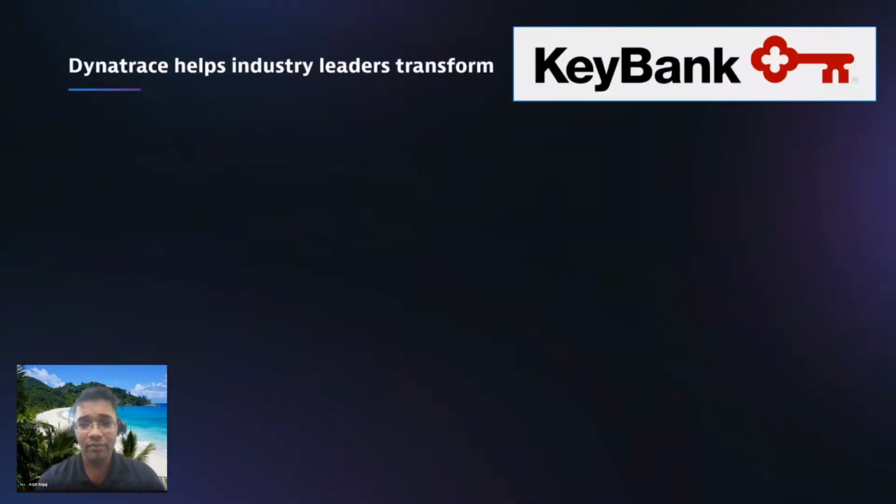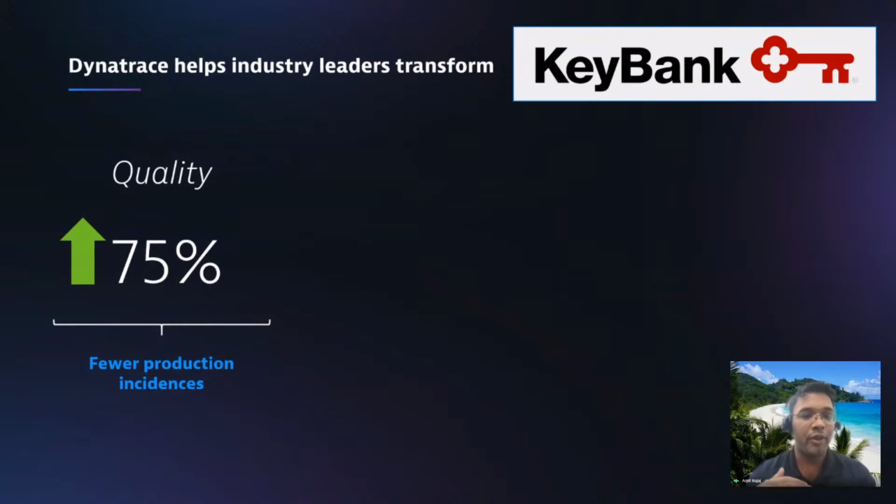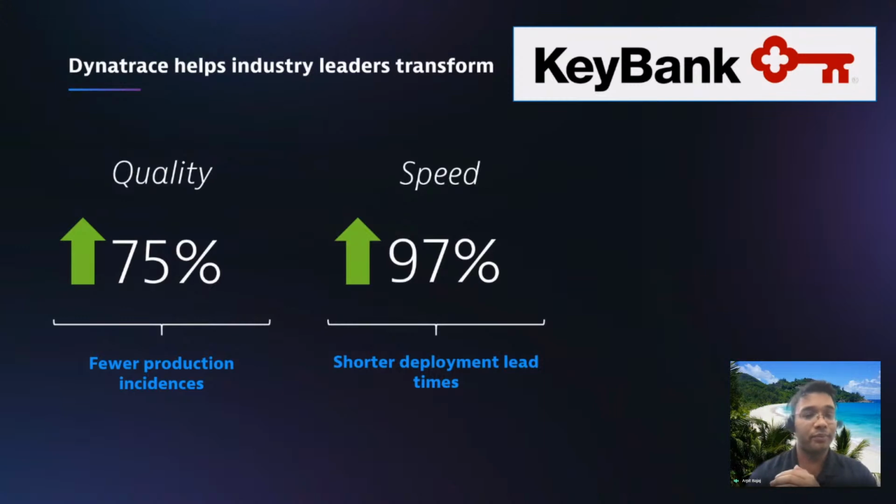But one of the key ones is this bank called KeyBank. And through a workshop with them, we've been able to help identify areas of improvement for them. And what that's led to is 75% fewer production incidents, so an increase in quality.